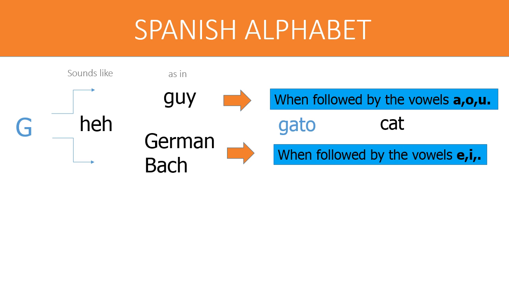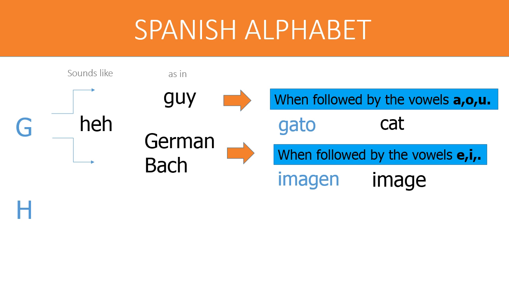And this will apply when G is followed by the vowels E and I. For example, the word imagen, which means image. We see that the vowel E is on the right side of the letter G. So this rule will apply. Imagen.